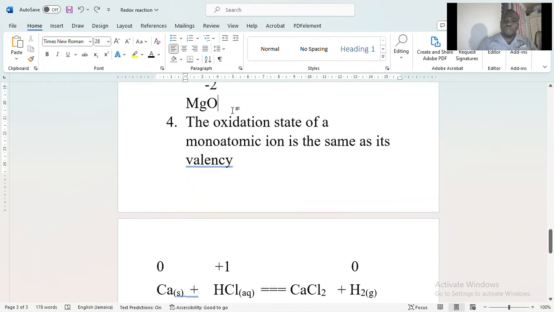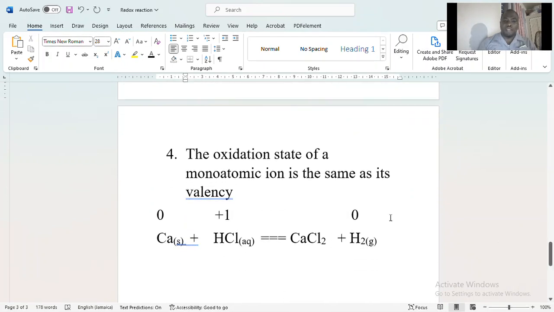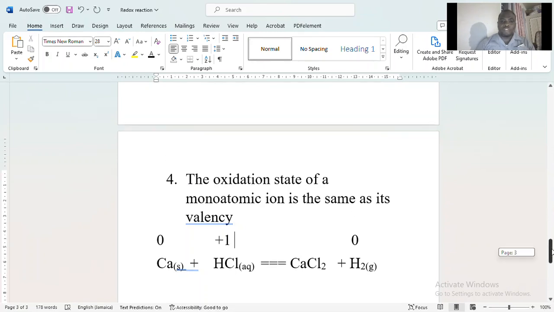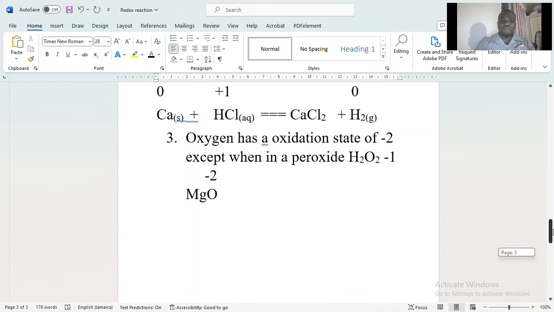If we're really looking at this, we're seeing monatomic ions because of the chlorine right here, so we can deal with the calcium and the chlorine here. Sir, could you go back up a little bit, please? Right here, to number 3.